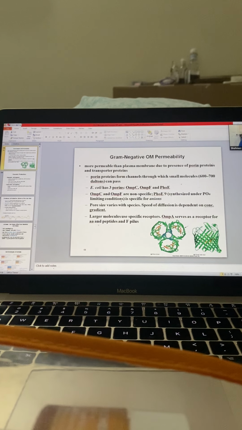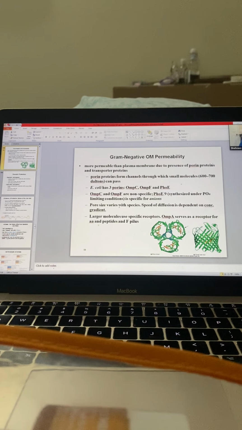If you're growing the bacteria under phosphate limiting conditions, or in nature it is not finding enough phosphate, then it will create this channel PhoE, which is very specific for anions. So remember, with phosphate being limited, they want to take in as much as they can and make this special channel to collect all the phosphate they can from their environment.